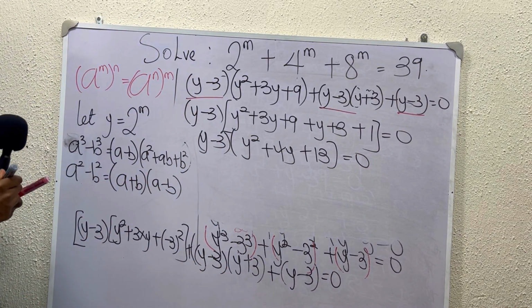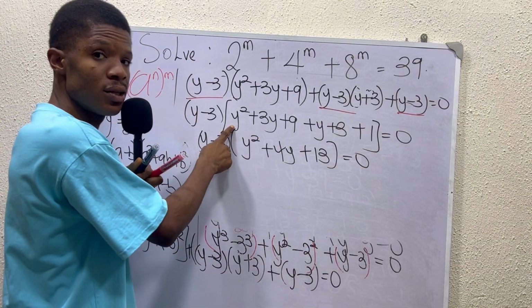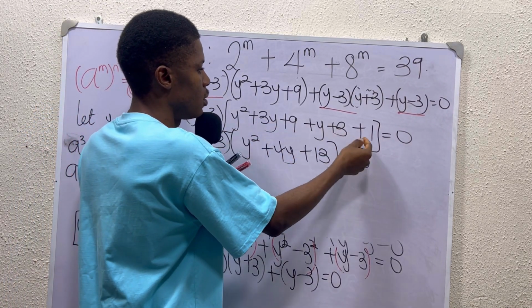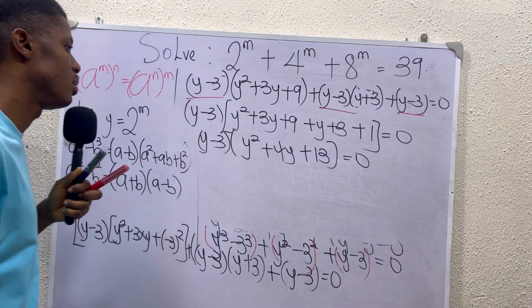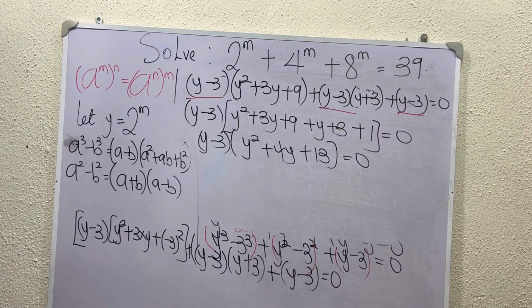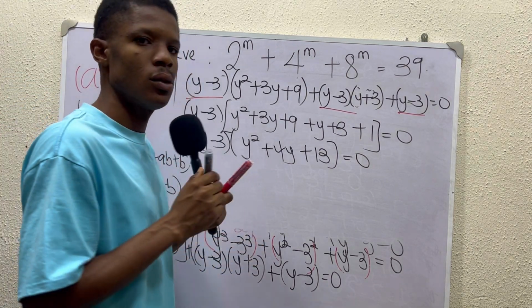So this is how it looks: y squared plus 4y plus 13.